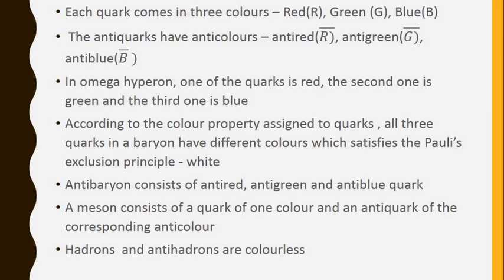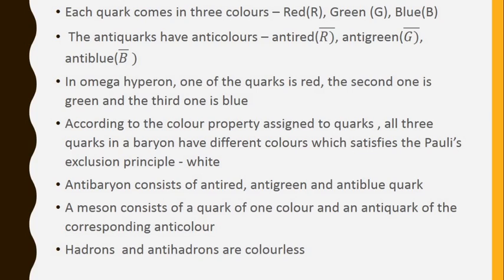Similarly for an antibaryon, think of omega minus bar. Omega minus bar will have three anti-s quarks, that means s bar, s bar, s bar. That means the colors of the s bar quarks will be anti-red, anti-green and anti-blue. So that's about a baryon.